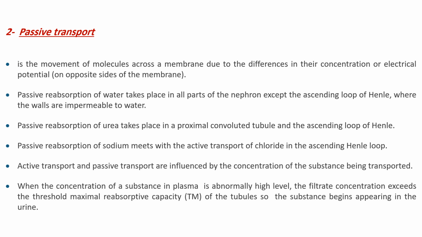Active and passive transport are influenced by the concentration of the substance being transported. When the concentration of a substance in the plasma is abnormally high, the filtrate concentration exceeds the tubular maximal reabsorptive capacity (TM), so the substance begins appearing in the urine.